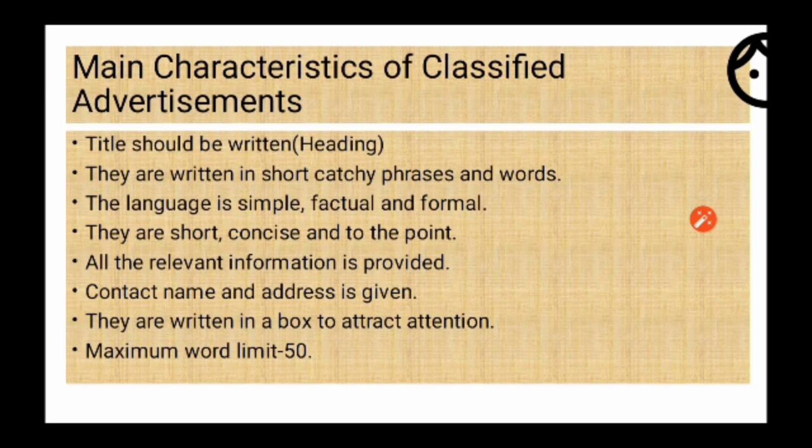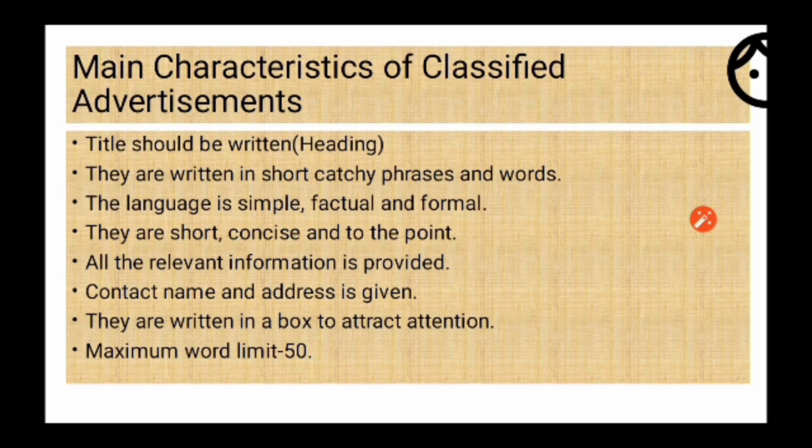Come to the next one. The main characteristics of classified advertisements. A title should be written, meaning there should be a title regarding the advertisement, like situation wanted, situation vacant, for sale, to let, like that. They are written in short, catchy phrases and words, like I have said, situation vacant, to let.